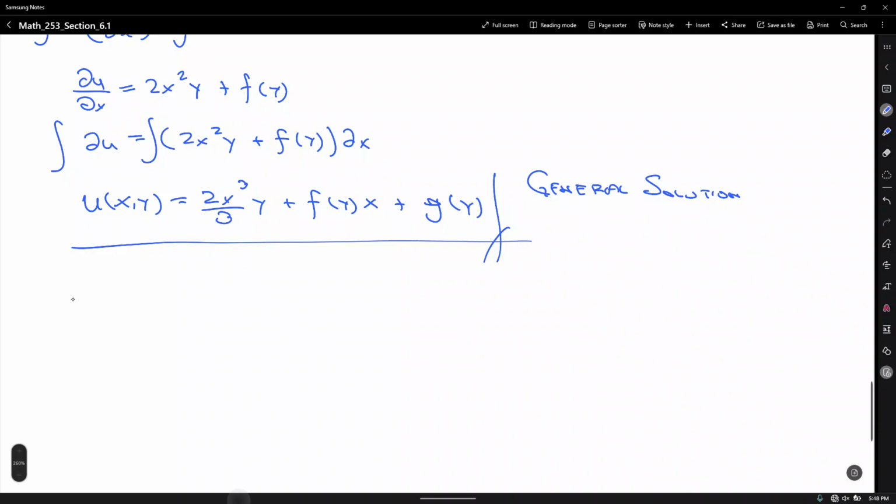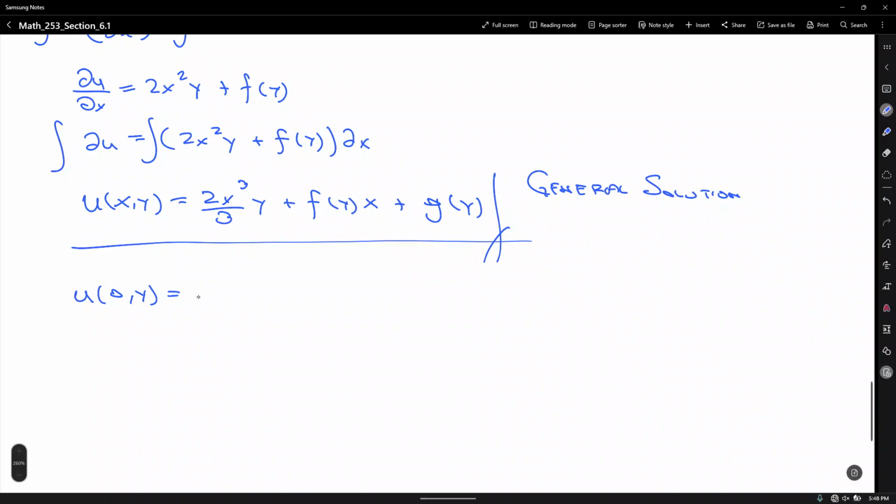Okay, so I'm going to evaluate u of (0, y). From the general solution, I'm going to replace every instance of x with a 0, and we're going to leave the y variable untouched.